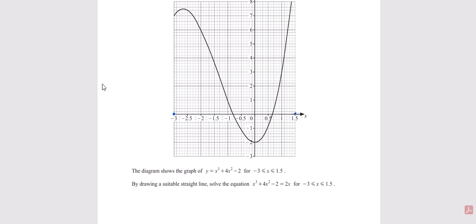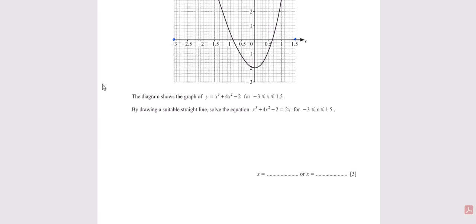By drawing a suitable straight line, solve the equation x cubed plus 4x squared minus 2 is equal to 4x. So this line is y, so y is equal to 2x.